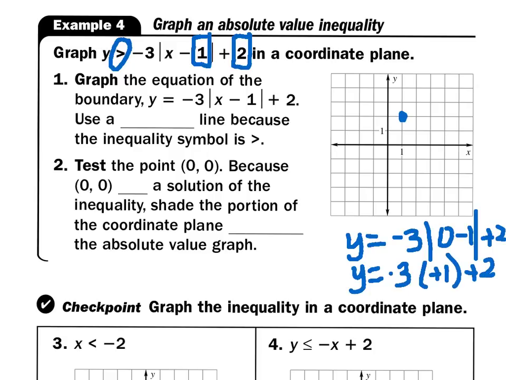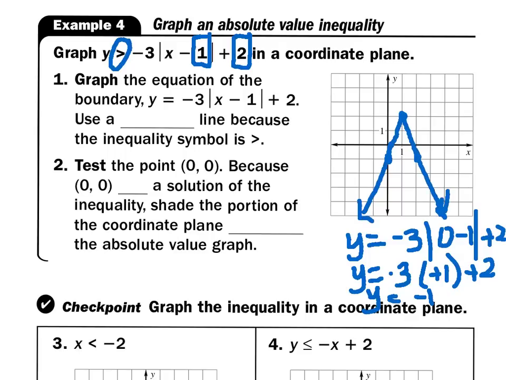Negative 3 plus 2 is negative 1. So if I put in a 0 for x, I get a negative 1 for y. And then I know to do my mirror image, so I can come down to this side and continue my line.